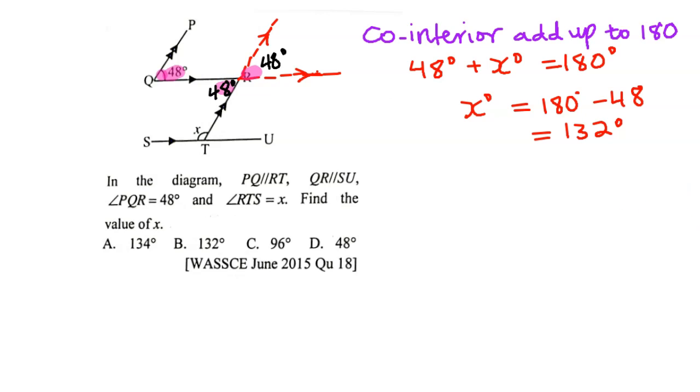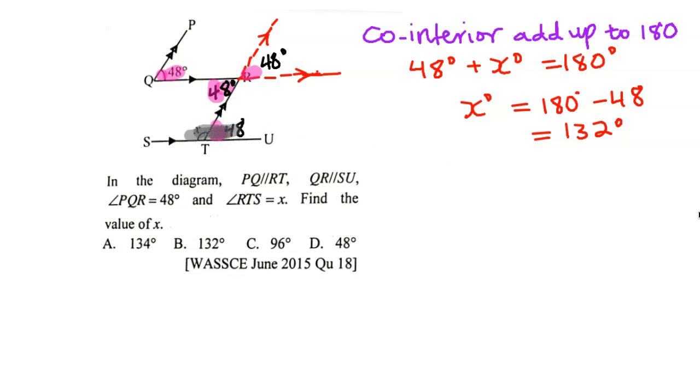If that is the case, then you have to know that alternate angles, this one is alternating here, so that is alternating here, and here are alternate angles, and that has to be 48. And if that is the case, then this is a straight line and they add up to 180.